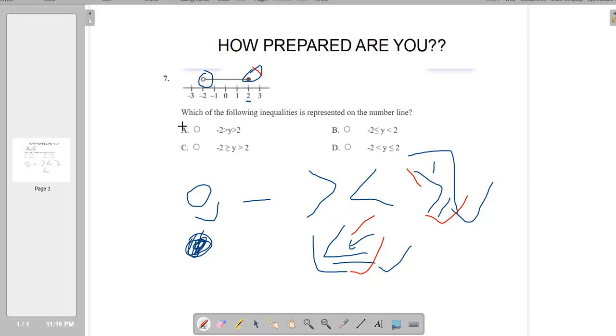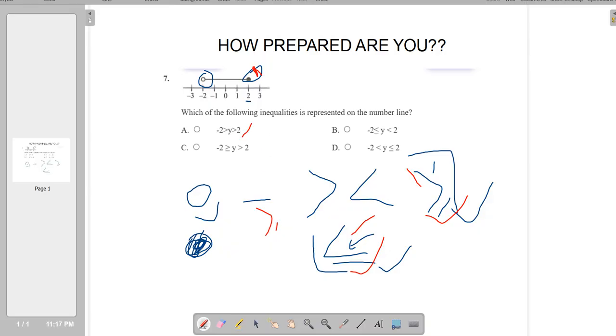So automatically, let me look at option A. Option A tells us y is less than -2, but it's also greater than 2, which is not what is represented because of this side. Because if it is shaded, it means that it has to be greater than or equal to.